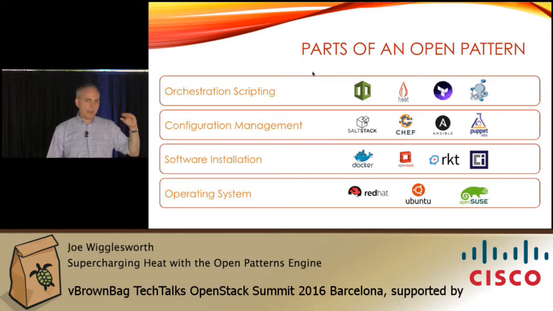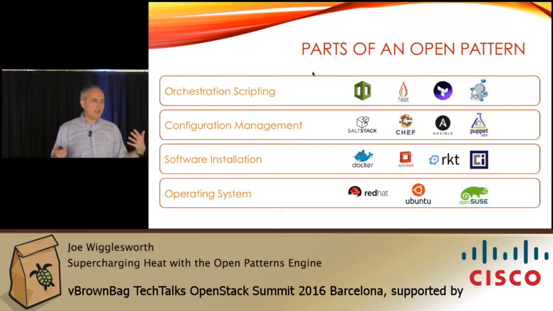Then the configuration management piece, Salt, Chef, Ansible, Puppet, or whatever you're working with, will provide configuration management and ongoing desired state management. And then on top, the orchestration scripting. We focus on Heat, but others include CloudFormation, Terraform, or Docker Compose, even if you're doing most of your work with containers. So that's the pattern, and that's the definition of what you're going to deploy with all those pieces.